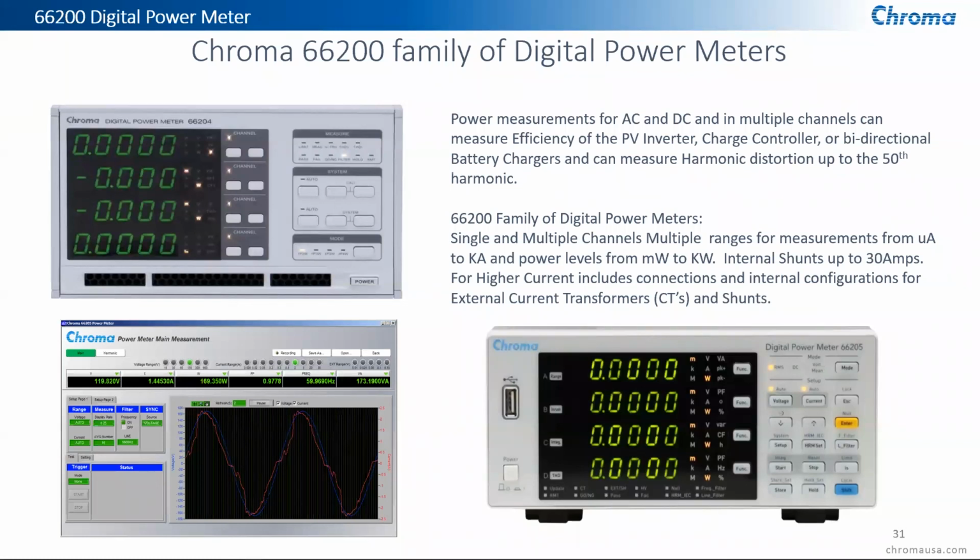On the multi-channels, each one has its own independent shunt and measurement capability, so you can do simultaneous measurements of all three phases or all four channels. It also gives you the ability to use current transformers and shunts externally to increase the current level measurements and also increase the power on this one.